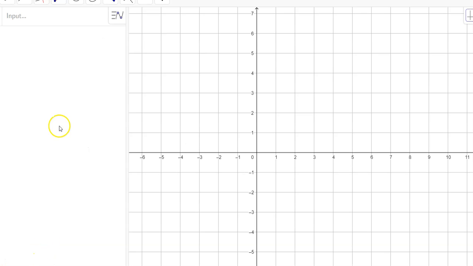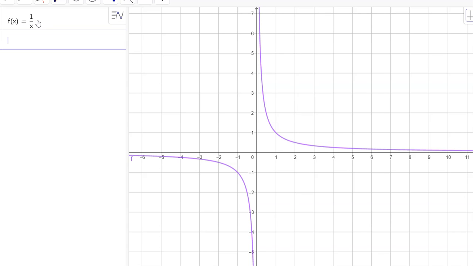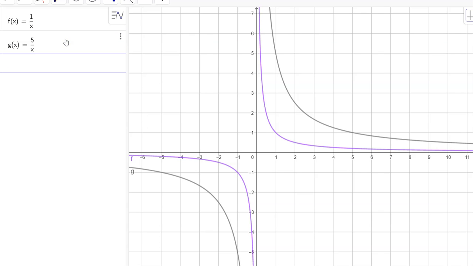How does an inversely proportional function look? For example, if we take 1 over x, then we see it looks like this. And of course, if we take instead 5 over x, the curve is a little bit higher up.